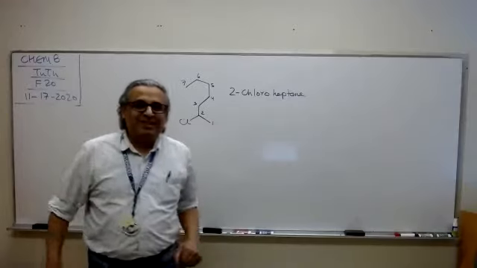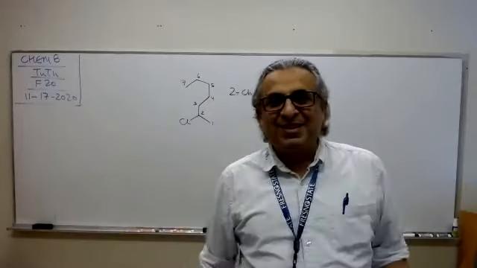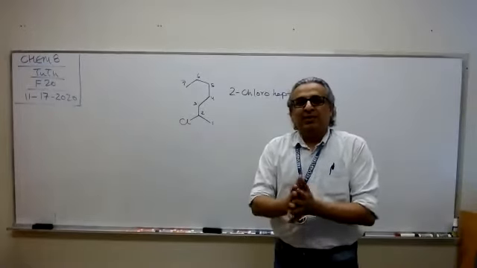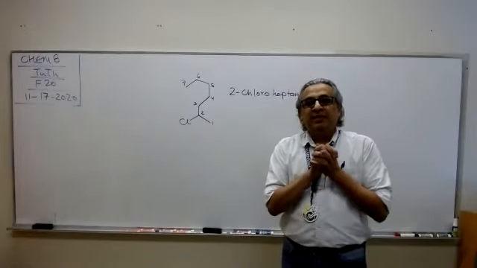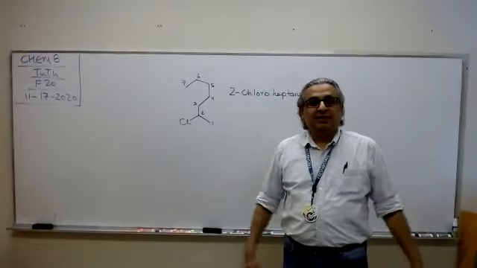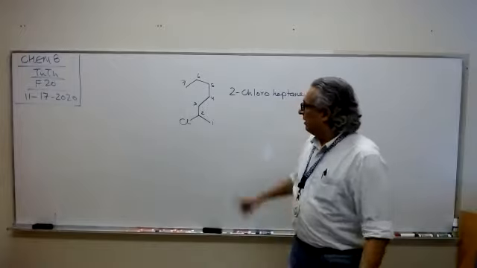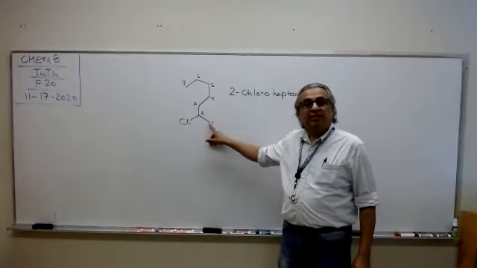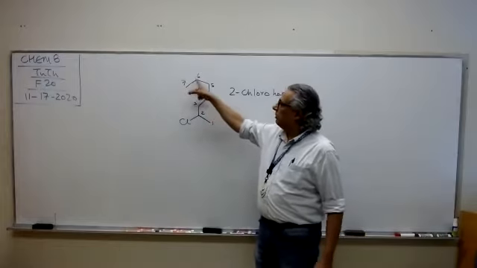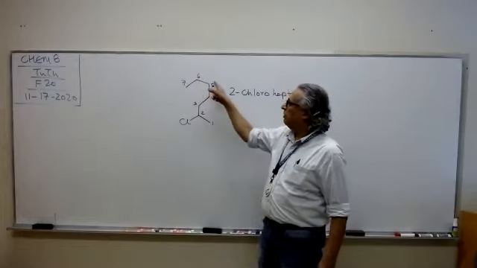Which carbon is chiral, or is there any chiral carbon? 1, 2, 3, 4, 5, 6, 7. Is 1 chiral? 3 hydrogens. 2 hydrogens symmetric, 2 hydrogens symmetric.